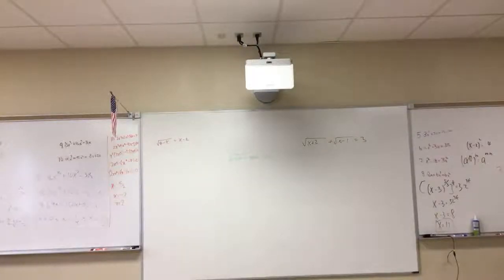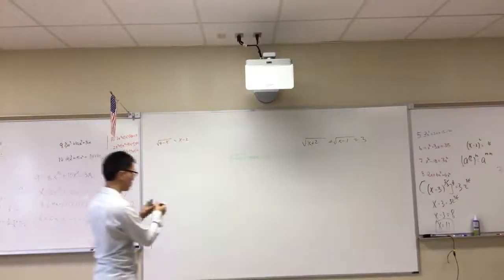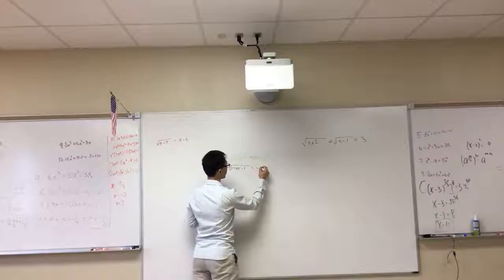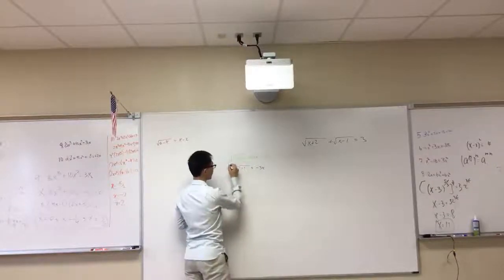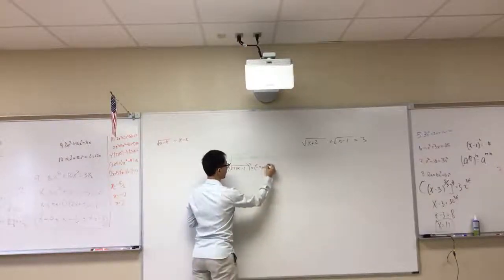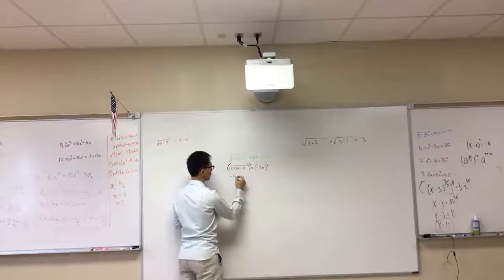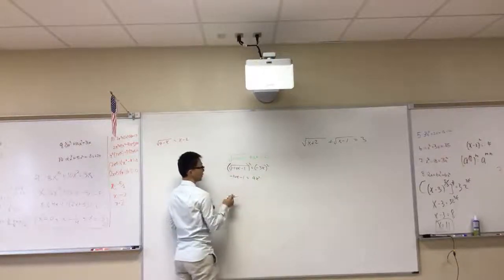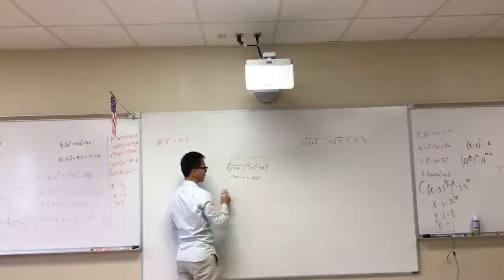Okay, so what do we do first here? Subtract. Yes. So what we do is minus 3x on that side, right? So it'll be square root of negative 10x minus 1 is equal to negative 3x. And then we square both sides, right? So that's going to give you negative 10x minus 1 is equal to 9x squared, because negative 3 times negative 3 is positive.